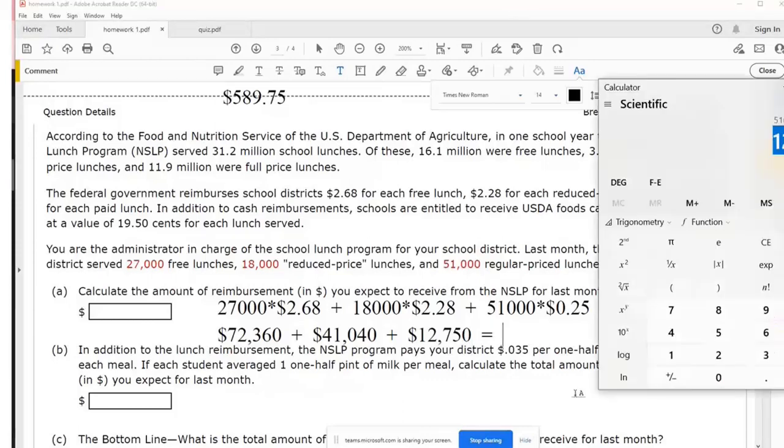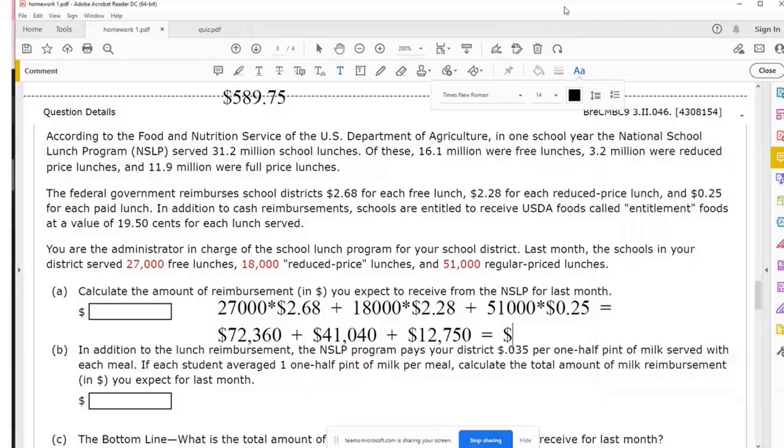If we add those together, the school should be getting $126,150 from the federal government.